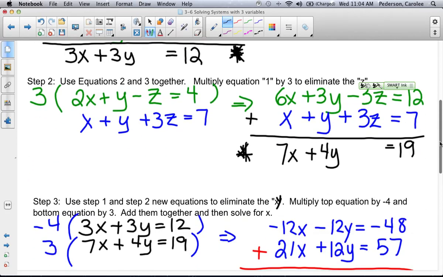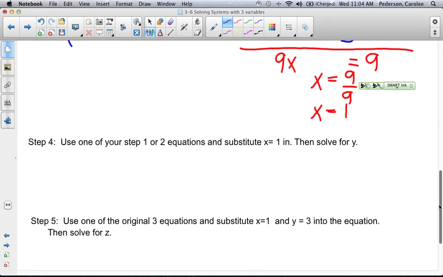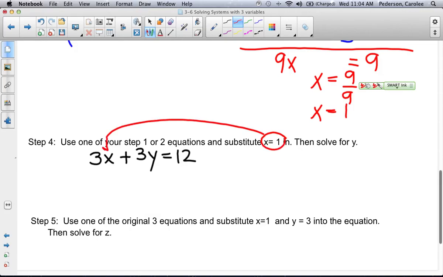Rewriting it, 3x plus 3y equals 12, we substitute x equals 1 into the equation. Now we have one variable to work with, y. So 3 times 1 plus 3y equals 12.